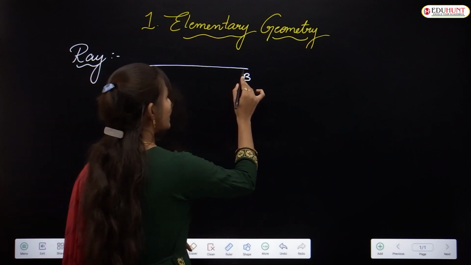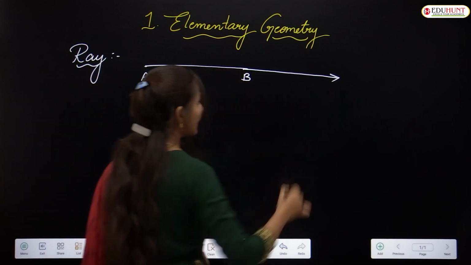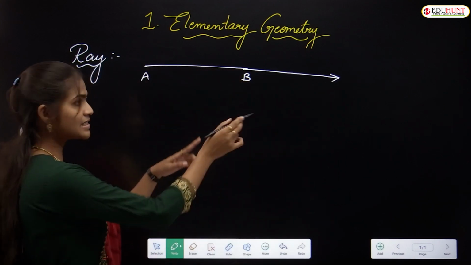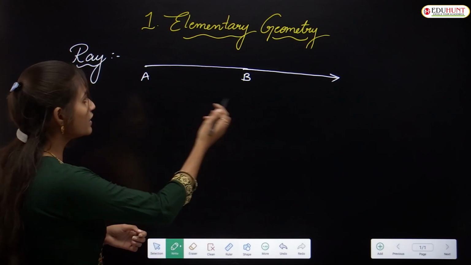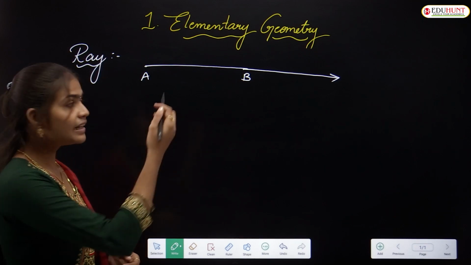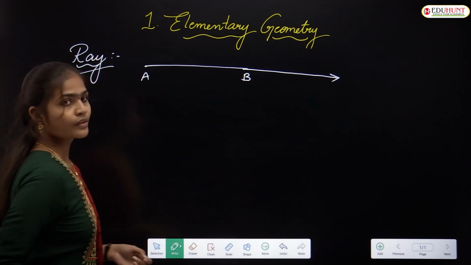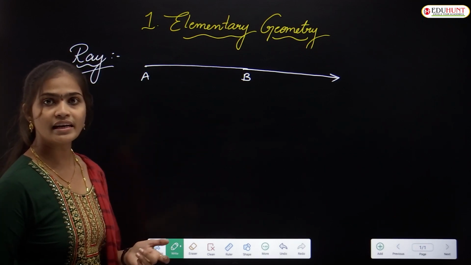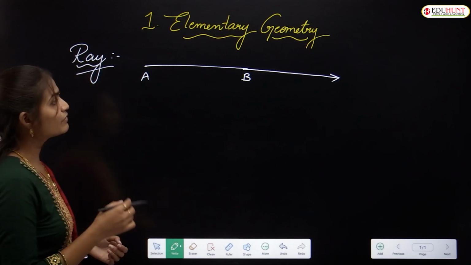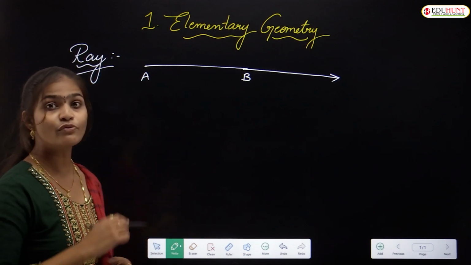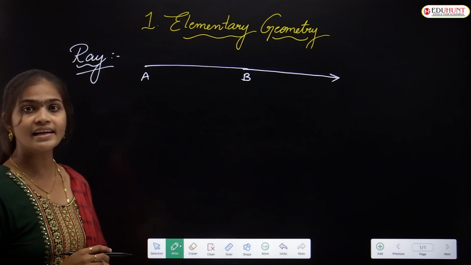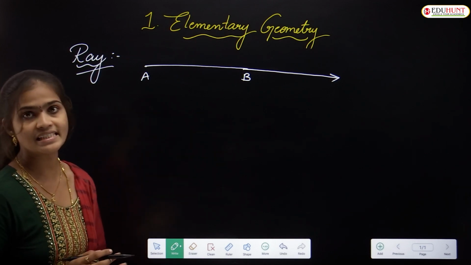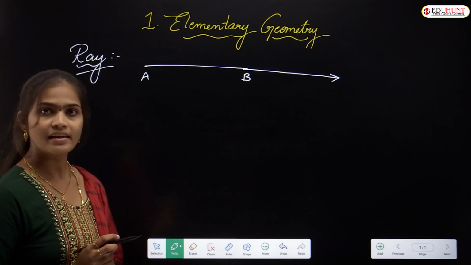If I extend one side, in any direction, either the right side or the left side of the line segment, we get a figure known as a ray. So what is the definition of a ray? A line segment which can be extended endlessly in one direction is called a ray.